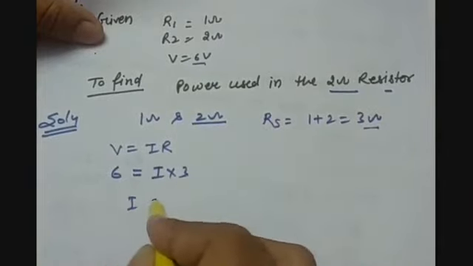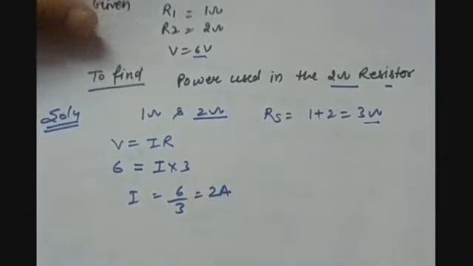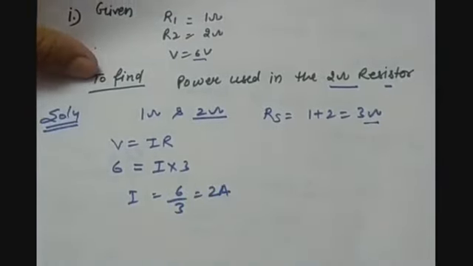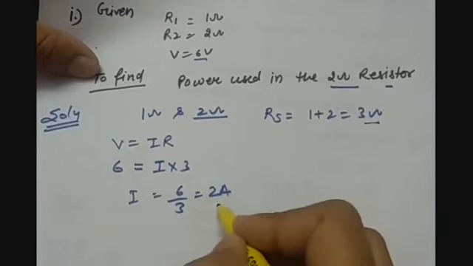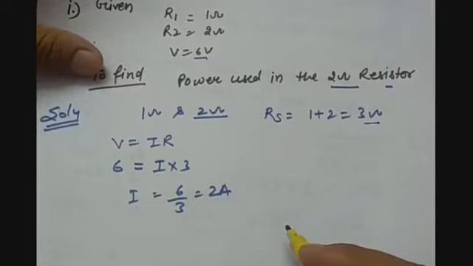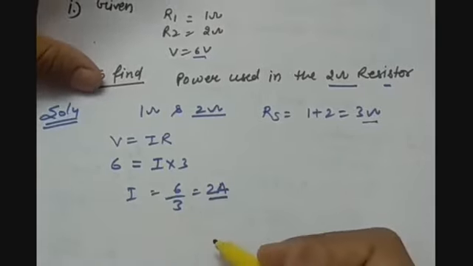So I becomes 6 upon 3, that is 2 ampere. That means in the series circuit, the current is same through all the resistors. That means in 2 ohm resistor also the current will be 2 ampere.